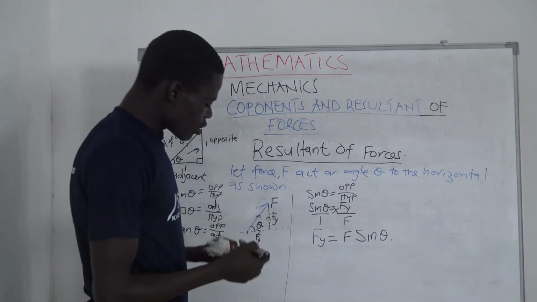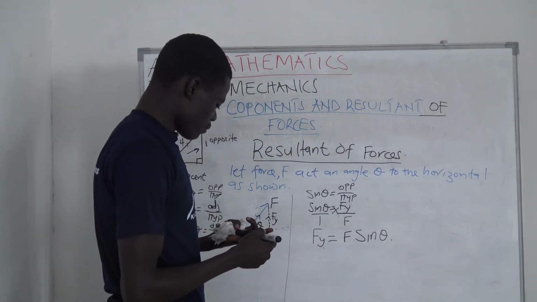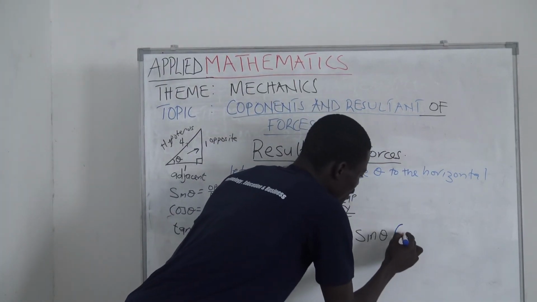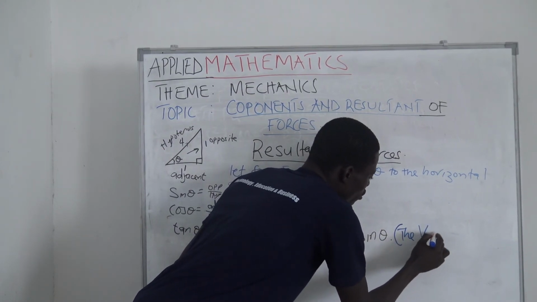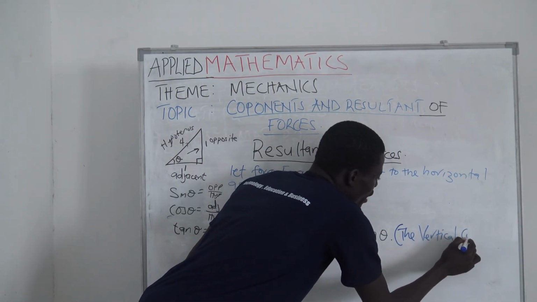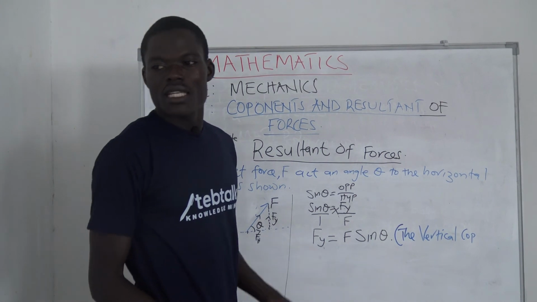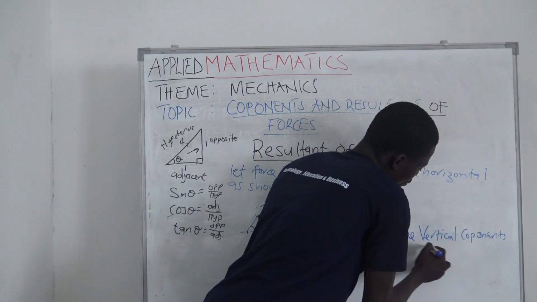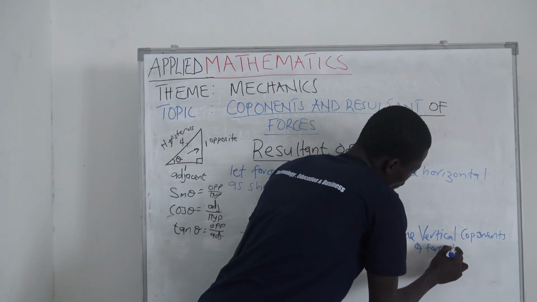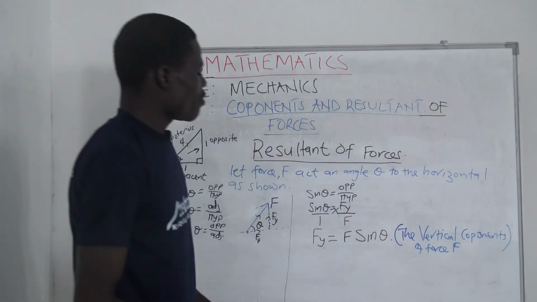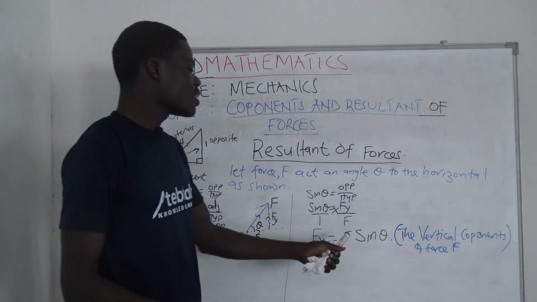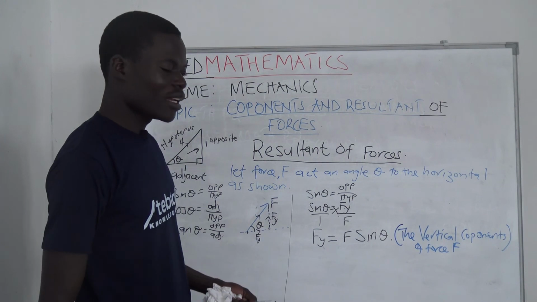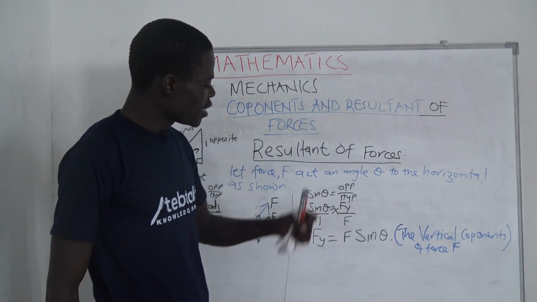This is what we call the vertical component of force F. So whenever we are calculating the vertical component of any force, we multiply that force by the sine of the given angle.